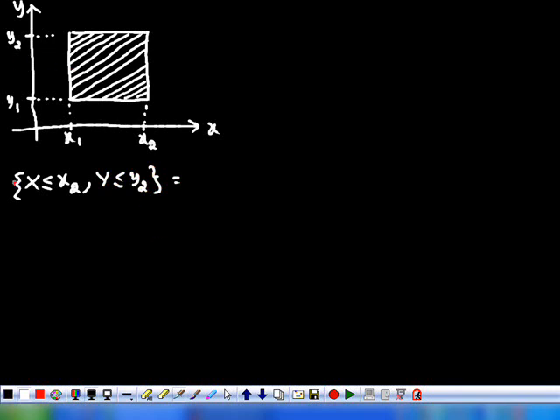That is, this entire region is this event. If you consider this entire region, it consists of this event: x1 less than x less than or equivalent to x2 and y1 less than y less than or equivalent to y2. This is one event.